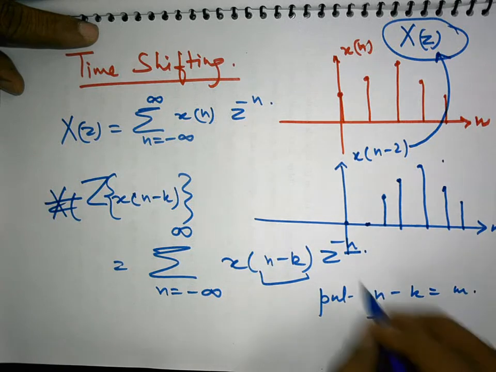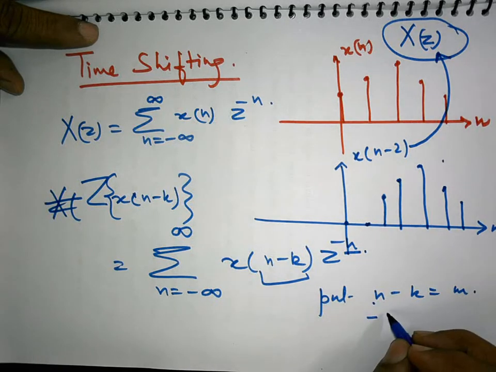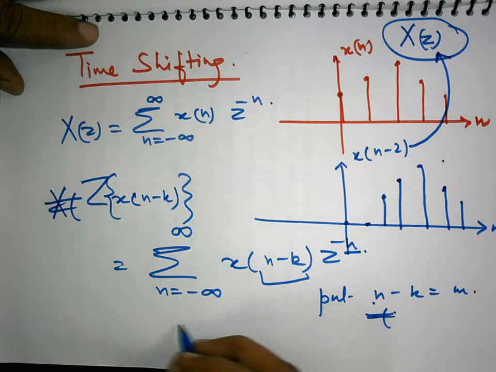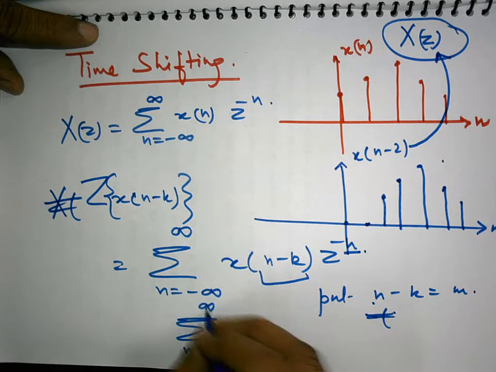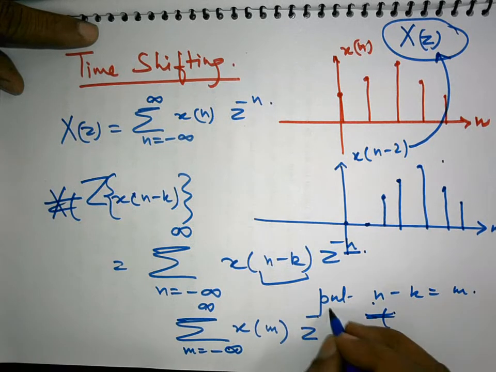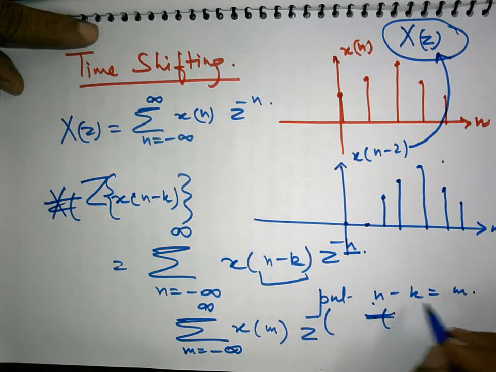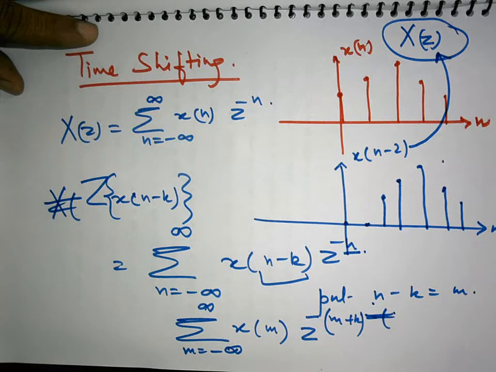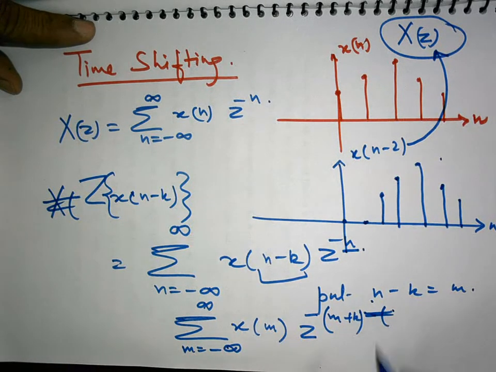The exponent minus n becomes minus, let us solve it. It will be the summation from m equal to minus infinity to infinity of x[m] z to the power minus, and this will be m plus k.